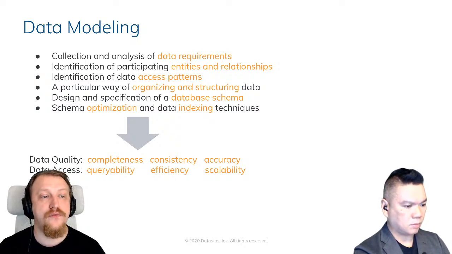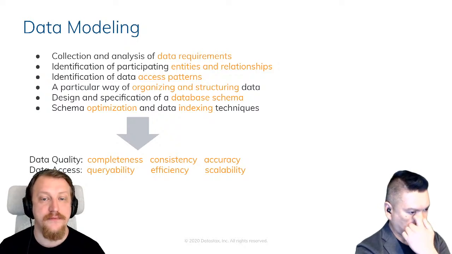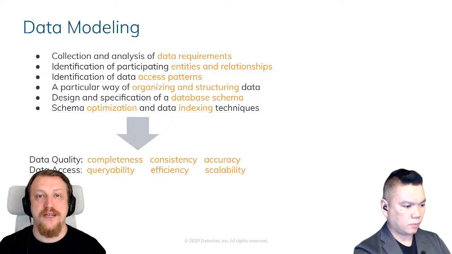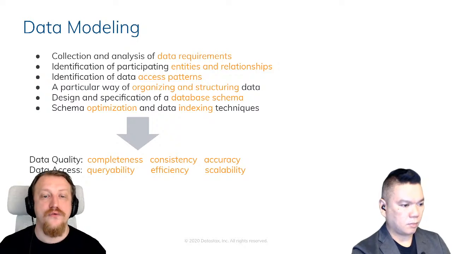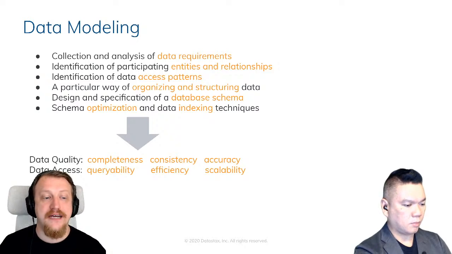We have to do the identification of participating entities and relationships. We have to identify data access patterns, how we will access this data. We have to organize and structure our data in a particular way to support those access patterns. We design and specify the schema of the database we will store our data with. And finally, we do schema optimization and indexing to reach the following qualities for the data access.